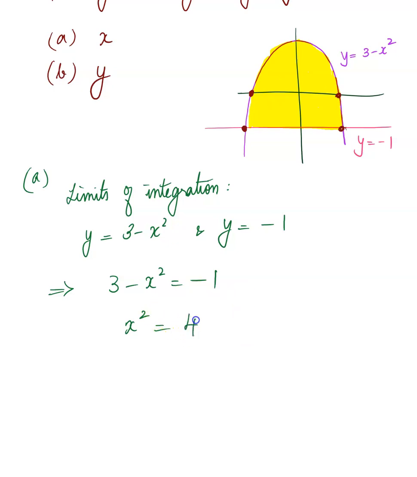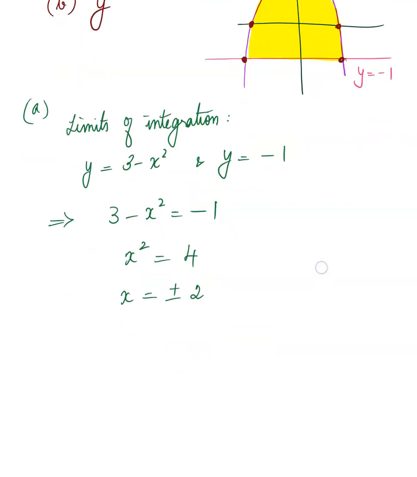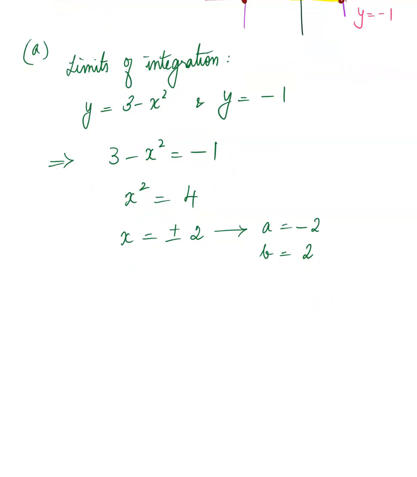So it's going to be x squared equals 4, which means x equals plus or minus 2. Okay? That means your left end a is, when we do with respect to x, we call them a to b. When we do it with respect to y, we call it from c to d, just to help us to reorient our direction. Okay? So a will be the smaller number, negative 2, and b will be the larger number, 2.